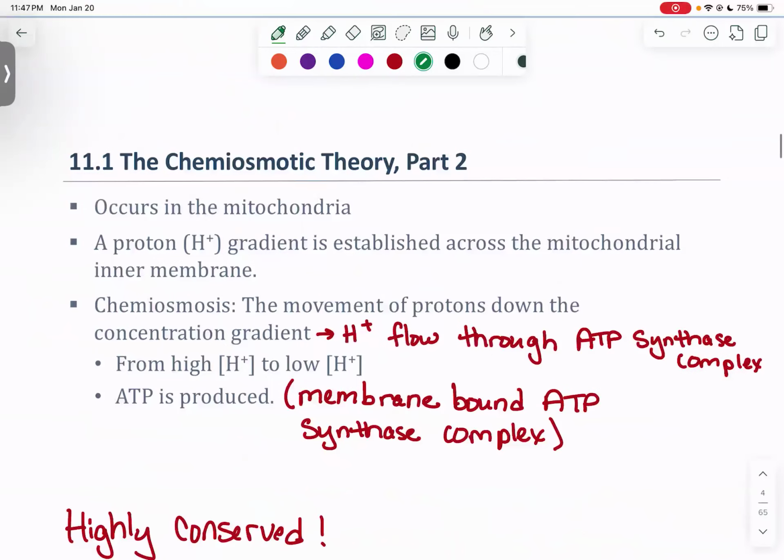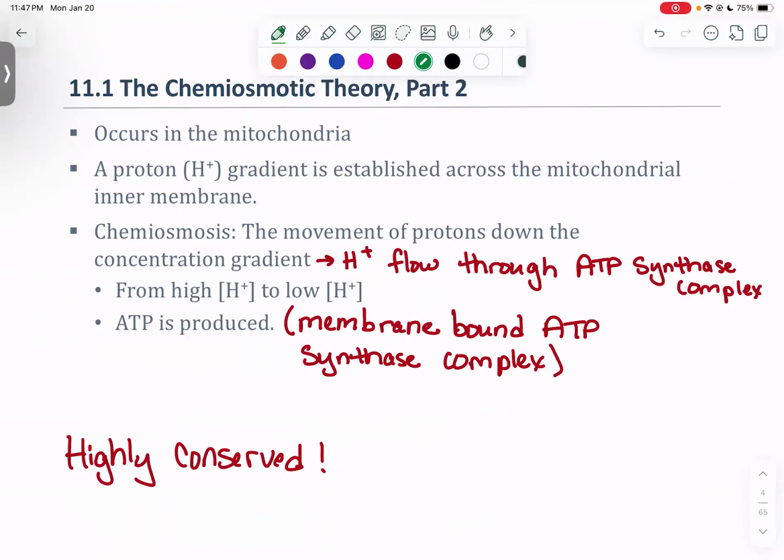So, of course, we're going to talk all about the mitochondria. We talked about making that proton gradient, and it's established in the inner membrane space of the mitochondria. So, chemiosmosis is the movement of protons down their concentration gradient.